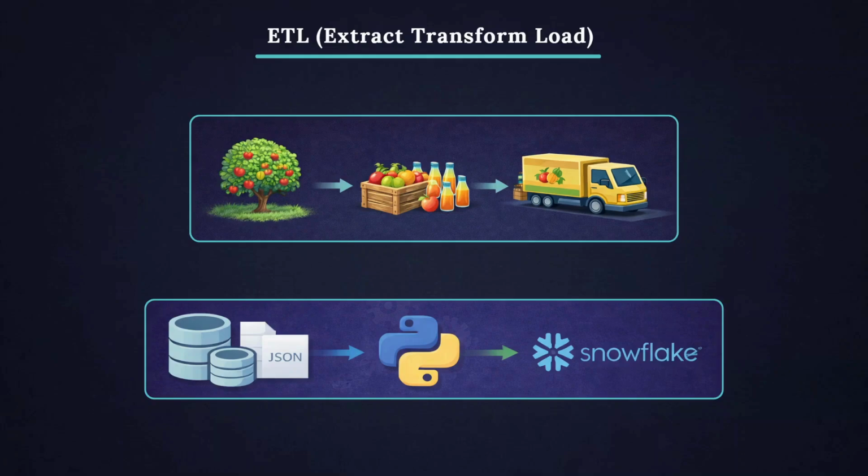And finally, the transformed data is loaded into a data warehouse like Snowflake. This is the classic ETL approach where data is cleaned and prepared before it even reaches the data warehouse.